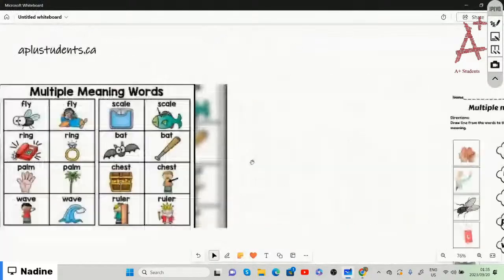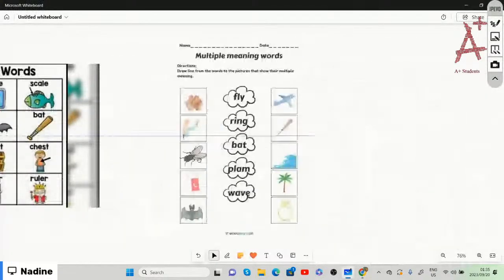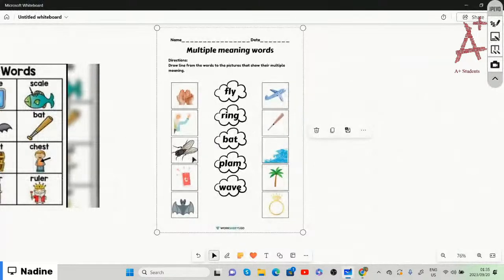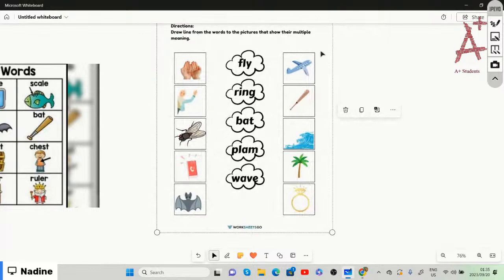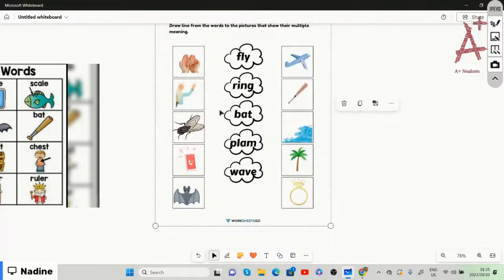All right, so now we're moving on. So now, as part of an activity, we are going to match the words in the middle to its different pictures.